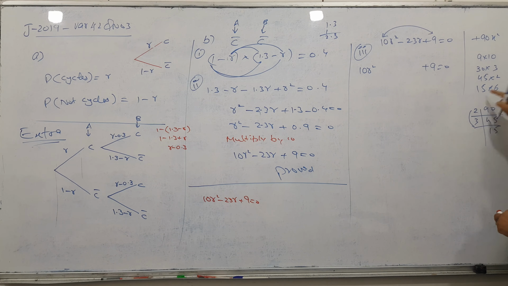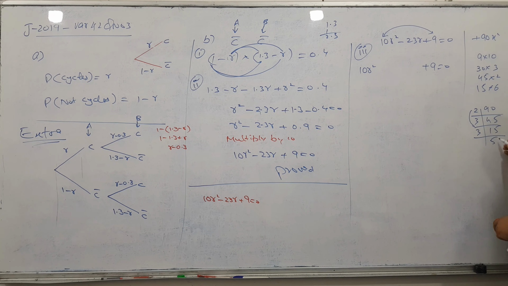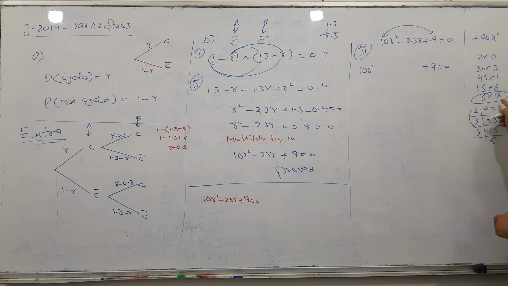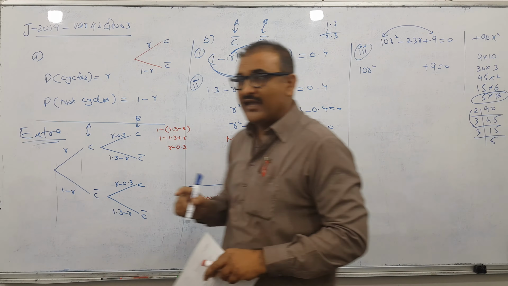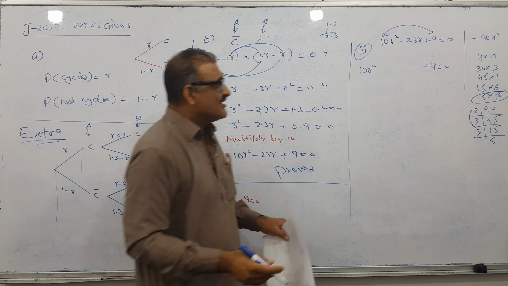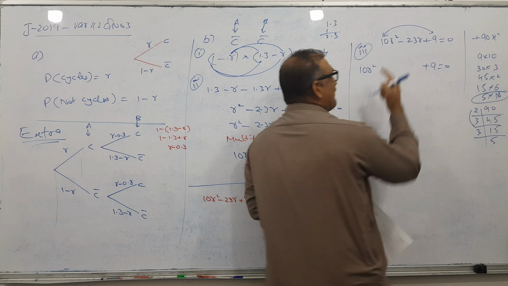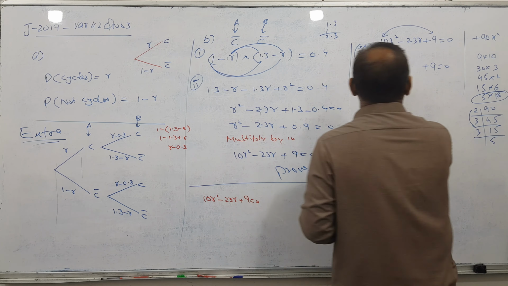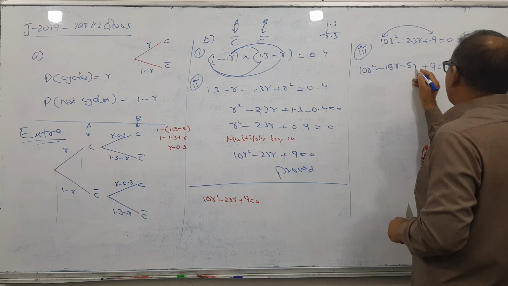It becomes 21. Still not working. Okay, now check. This 5 comes here and 9 twos are 18. And I think it works. Okay? So you can check different ways, 18 and 5. I need minus, so minus 18 and minus 5 works. So minus 18r and minus 5r.